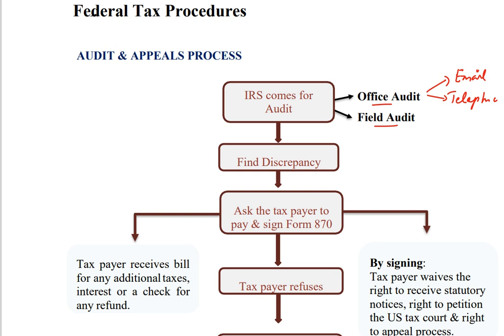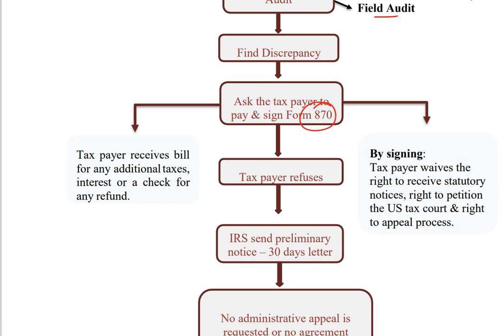If they find a tax discrepancy, they would ask you to sign a form called Form 870. Once you sign Form 870, you're agreeing with their assessments, so you are actually waiving any of your rights to go to the tax courts to fight against the IRS. Once you sign the 870, you then pay off the additional assessments.